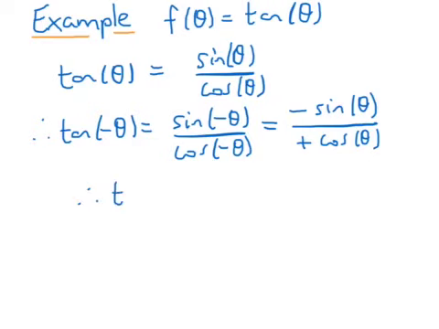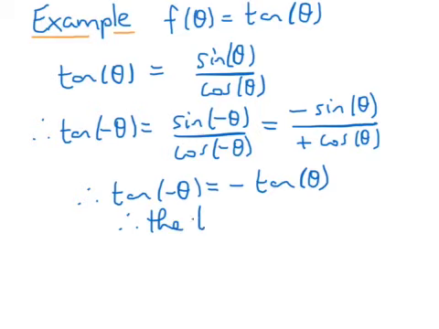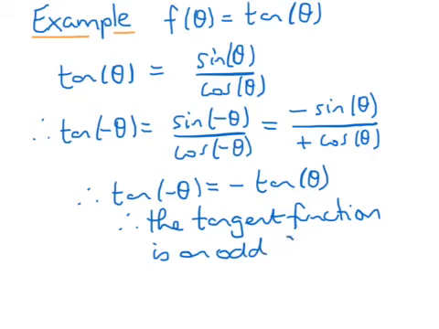So therefore we see that the tangent of minus theta is going to be, and here we have a minus sign divided by a plus sign, so we get minus, and here we have sine of theta divided by the cosine of theta, which is the tangent, so we get minus the tangent of theta. So therefore the tangent function is an odd function.